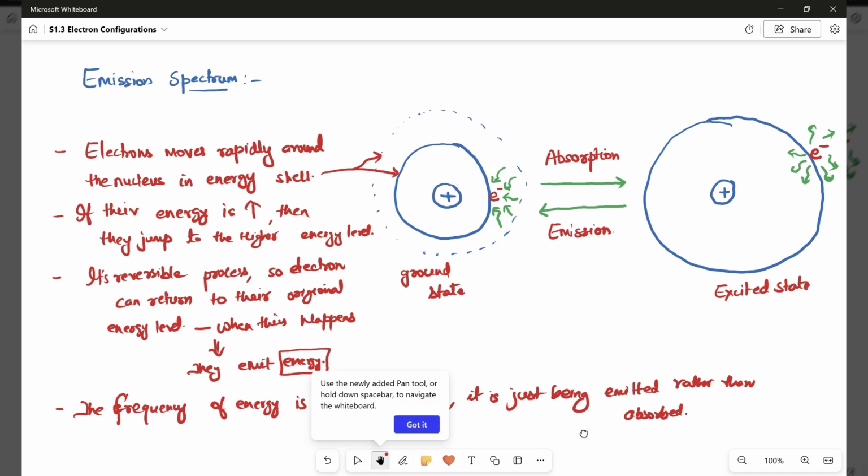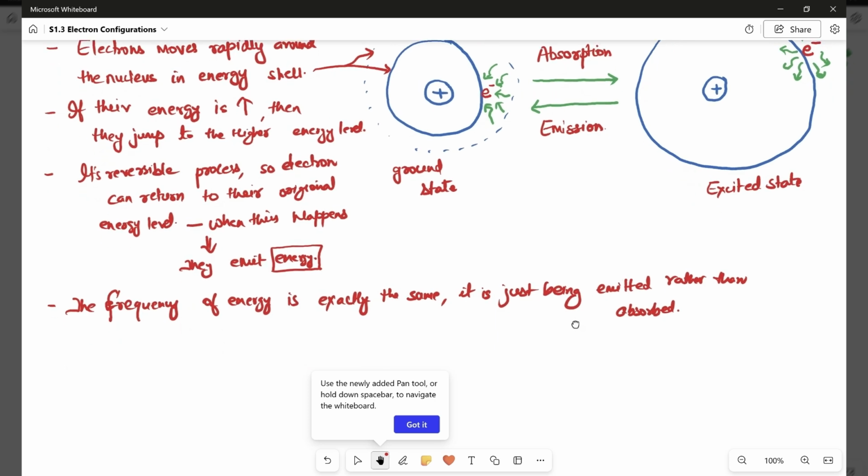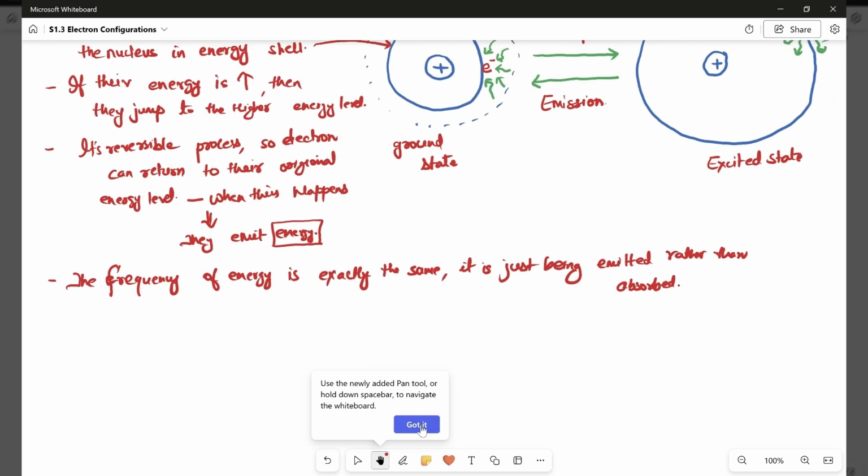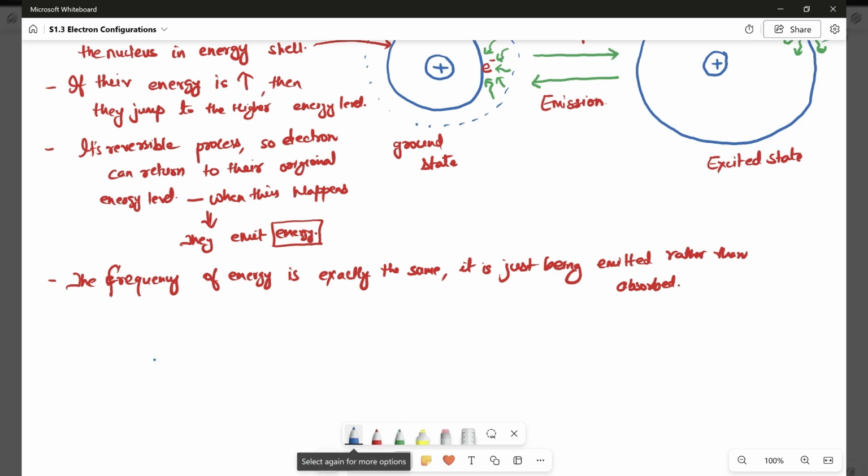So what we can conclude here is that whenever electrons gain energy from the surrounding, they move to the next orbit, and when they have to come back, they release the energy, and these energies have certain frequencies, right?